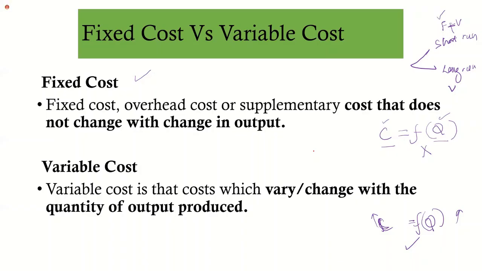So in this lesson, we are trying to develop a relationship between quantity of output and cost of production. In the previous lecture, when we discussed the production function, we looked at the relationship between inputs and output, isn't it?